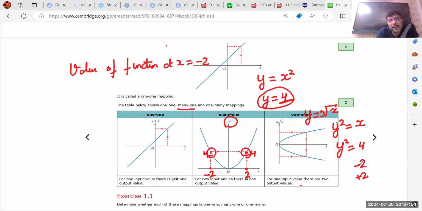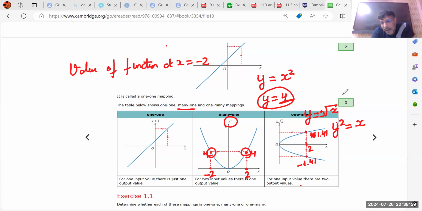So your -2 and +2. This is your x equal to 2. The value of the function will be 1.41 and -1.41.